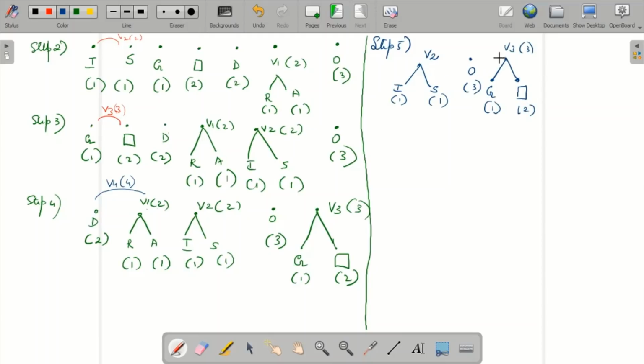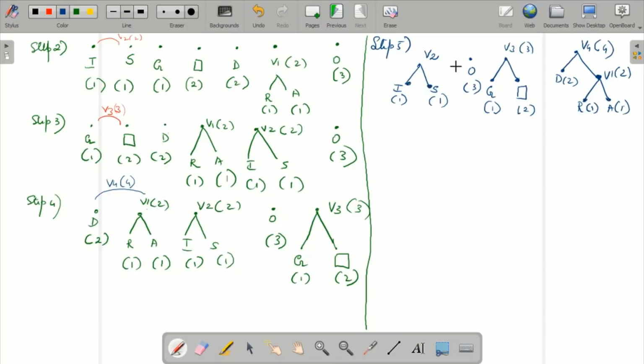After V2, O, V3, the new combination vertex, that is V4, of weight 4, whose left branch would have D, whose weight is 2, and whose right branch would have V1, whose weight is 2, and that had separate branches again, R, whose weight is 1, and A, whose weight is 1. So this is step 5.